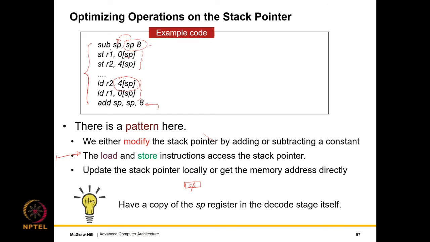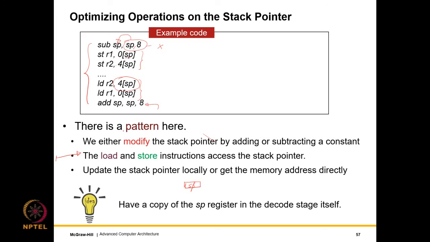One point is due here, that let's say we have an instruction sub SP 8. So in this case, we can directly add 8 to CSP and update its value in the decode stage. Subsequently, this instruction can be discarded or dropped because its job has already been done.